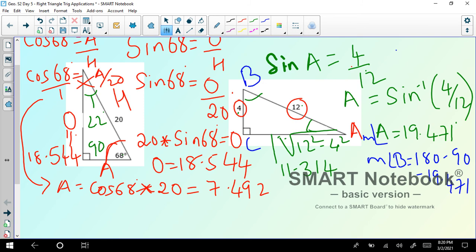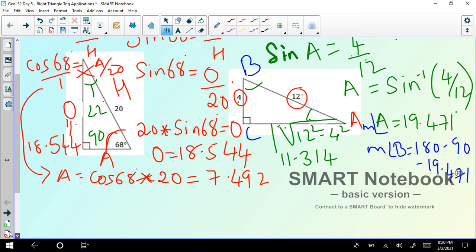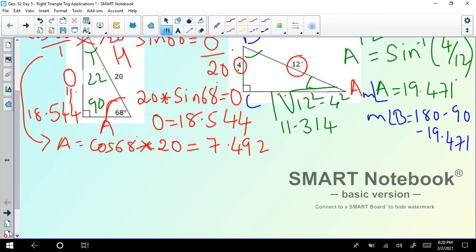So that is going to give us 70.529. So this is going to be 70.529. And we already had angle C as 90 degrees. So we have solved triangles.